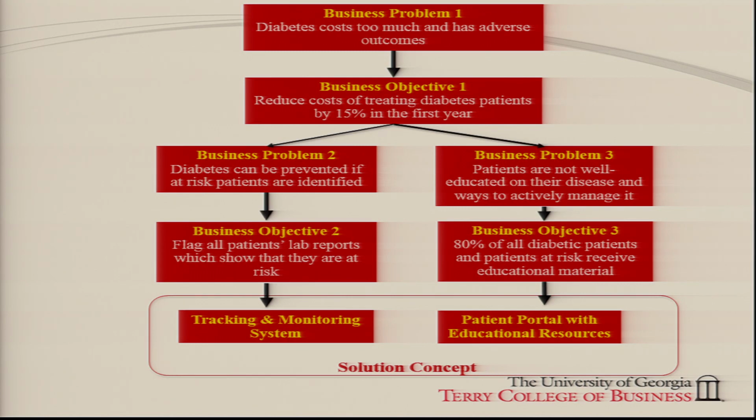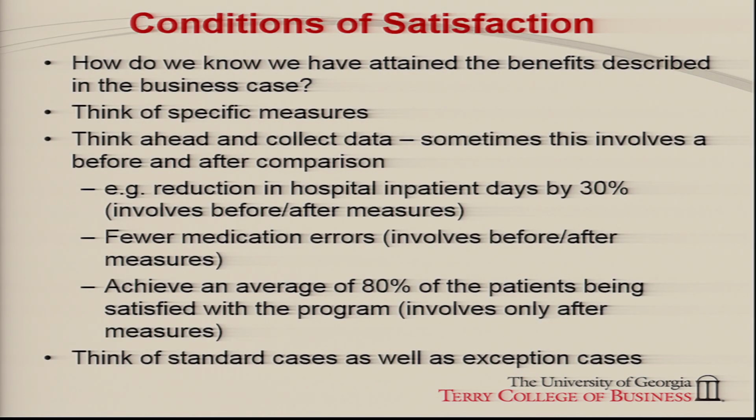We need to have a tracking system and a monitoring system, and think about this as having predictive analytics that help us identify who is at risk of diabetes and intervening at that point in time. So this shows how objectives and business problems are intertwined and how we can start asking questions to identify more business problems and more objectives.